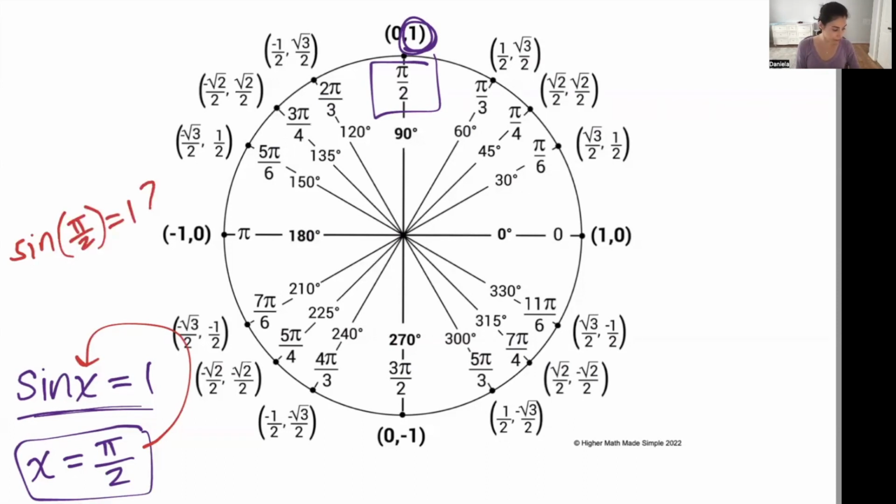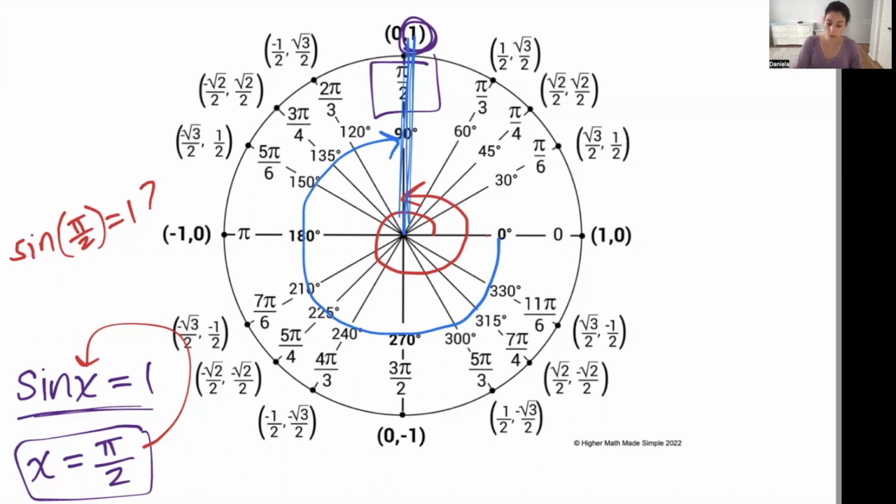Now, the directions, by the way, want all of the angles. In other words, pi over 2 would be going in a counterclockwise direction, right? Is there a coterminal angle? Could I first spin around 360 degrees or 2 pi radians and then add pi over 2 to that? Yeah. Could I have a negative angle? Could I travel 270 degrees in that direction? Yeah. Notice every time I always land up in that y equals 1 location.